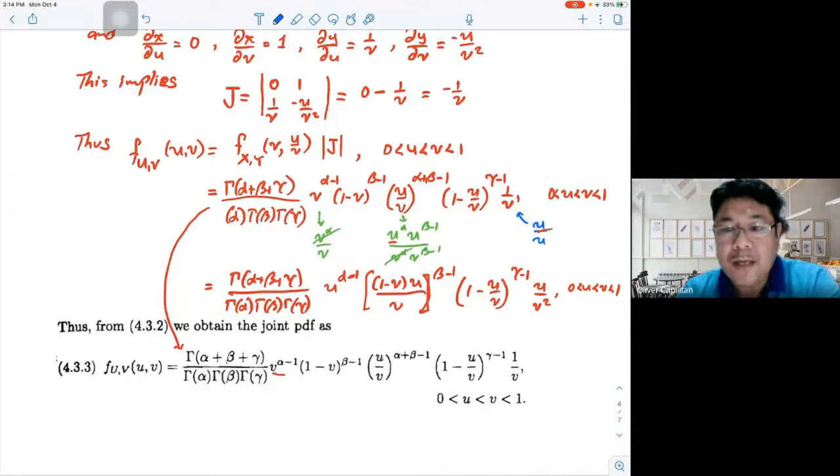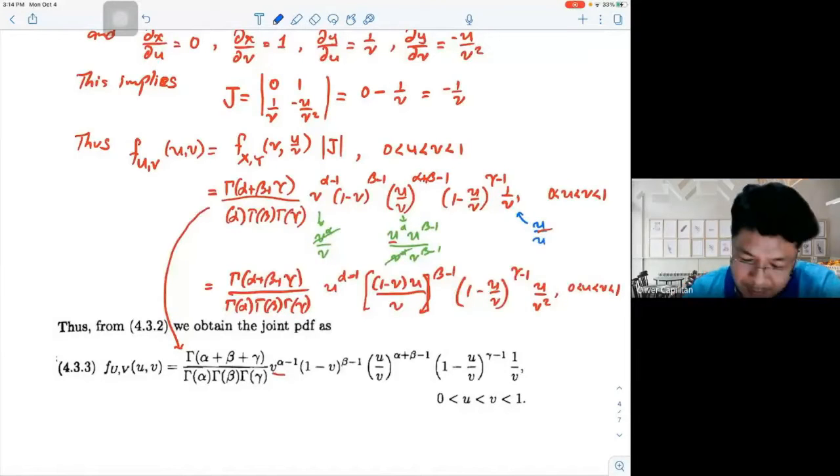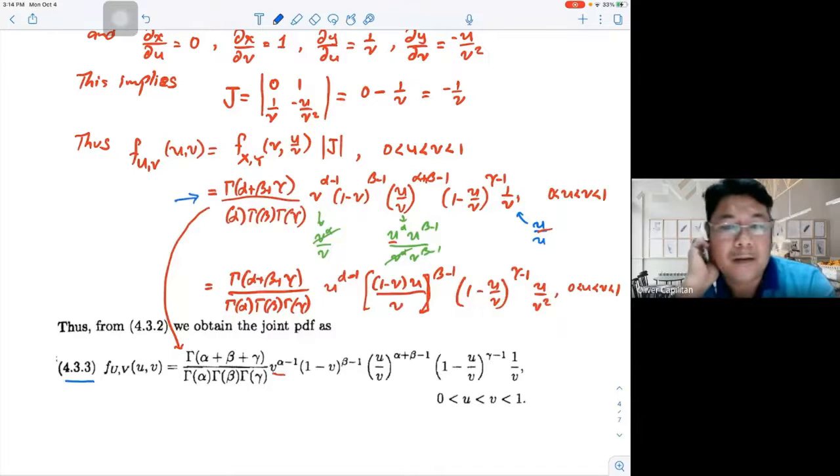We use the PDF of x and y, but replace the values of x and y in terms of u and v. I made a mistake last meeting; the expression in 4.3.3 is actually this expression.